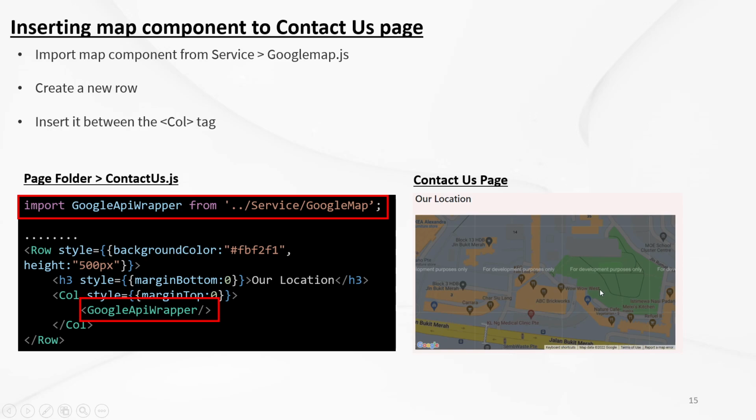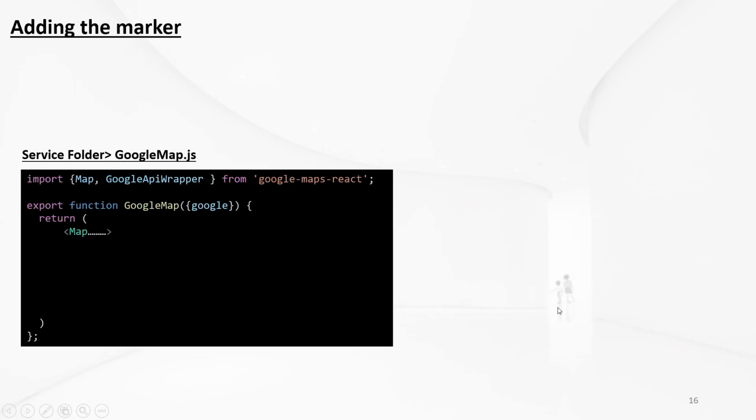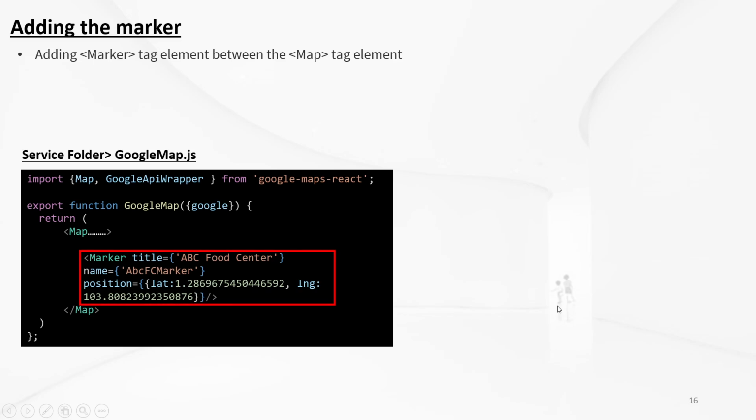However, we are still lacking the Google marker that's pointing to the hawker center. So you can see here, we have zoomed in to a particular portion of the map, and the map will contain the ABC Brickwork hawker center inside. To add the marker, we need to add a marker tag element between the map tag elements here.